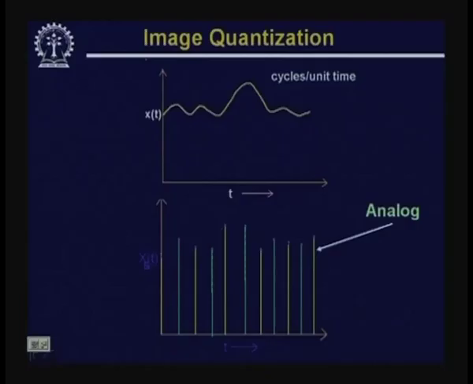So, after sampling, instead of considering the signal values at all possible time instants, we have considered the signal values at some discrete time instants, and at each of these discrete time instants we get a sample value. The value of this sample is still an analog value.